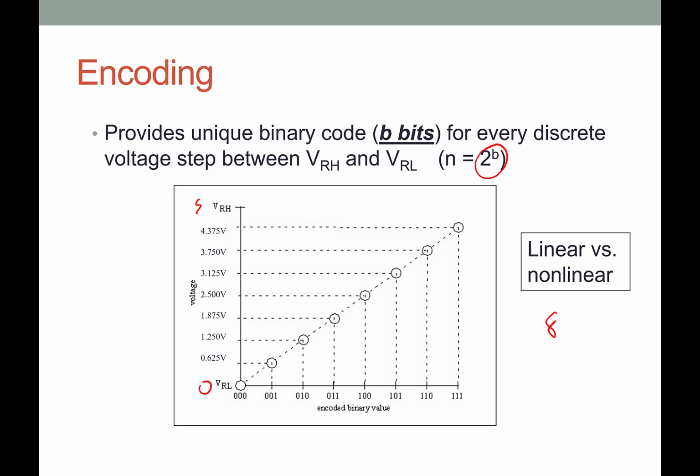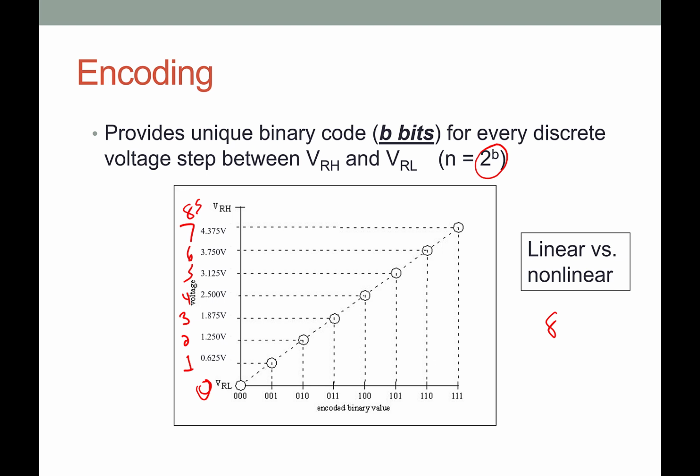So you'll see the 0 level, here's the 1 level, 2, 3, 4, 5, 6, 7, 8 would be there. Now notice one thing with this particular setup: if VRH was 5, would we ever get 5 volts out of our analog to digital converter?